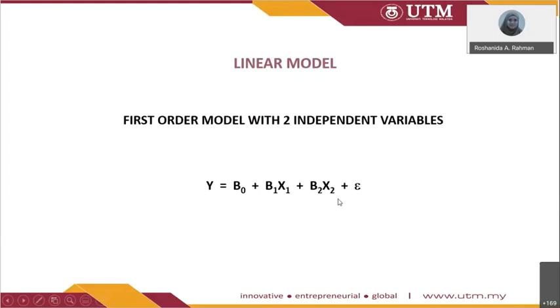Instead of the ANOVA table, from the ANOVA table also, from the p-value, from the F-test, definitely you can see whether the model terms are significant or not. But it also can be reflected in the mathematical equation.